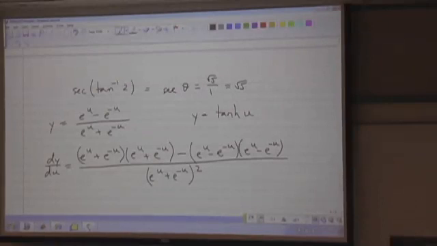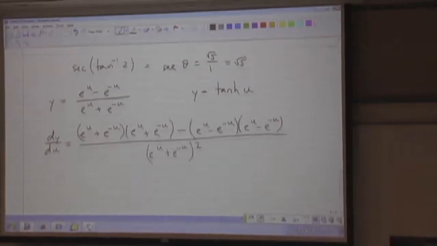And it is at this point where we say, let's simplify. And as it turns out, it simplifies very nicely.